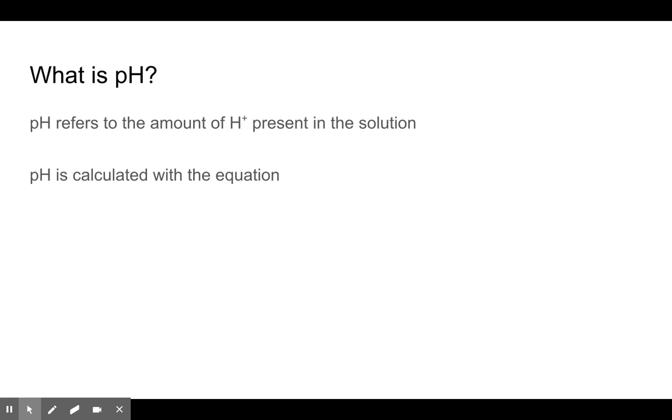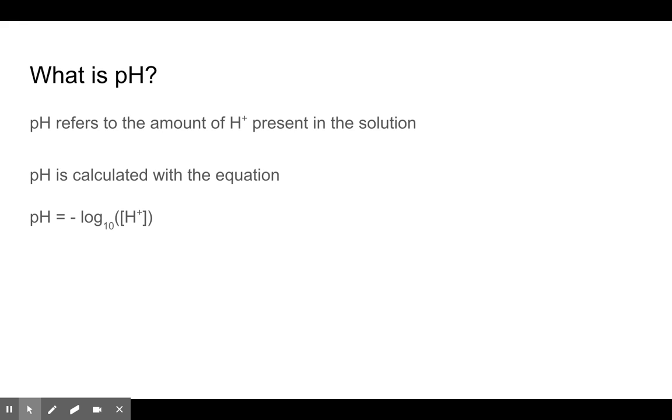Now, pH is calculated with an equation, and this is one of the weird times in first year chemistry you'll do something other than multiplication and division. We'll use a log base 10. So pH is equal to the negative log base 10 of the concentration of hydrogen, or another word is molarity of hydrogen. Sometimes you'll see this written just as log.